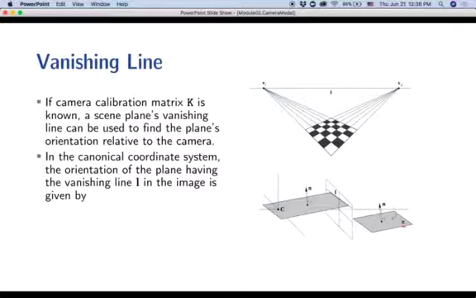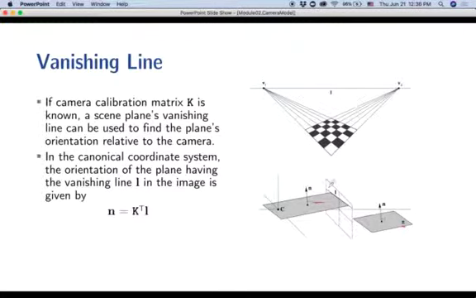Now the claim is that for the vanishing line of this plane, the relationship that we derived between N and L holds for any line. So if I take that particular line, which is the horizon, the same relationship with the plane normal applies.